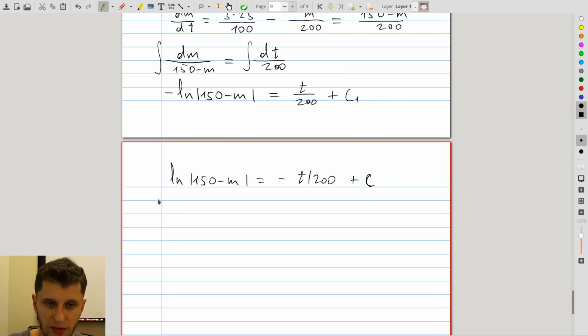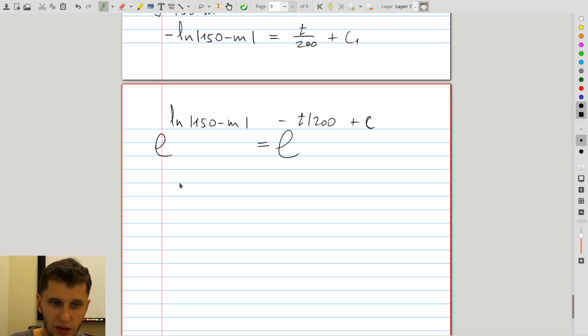Then I will raise e to both sides of this equation and say this is an equality between these two expressions. So this gives me that the absolute value of 150 minus m equals K, which has to be positive because it is e to the C, times e to the minus t over 200.